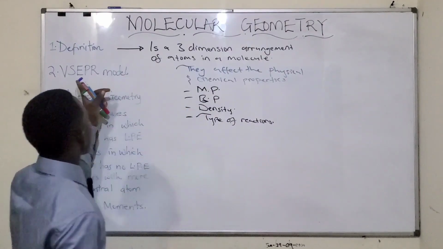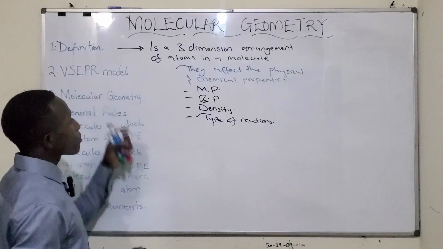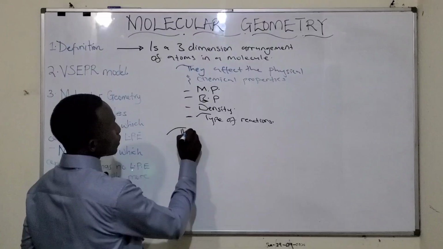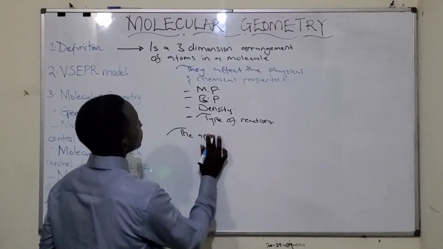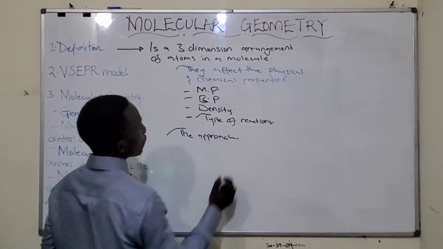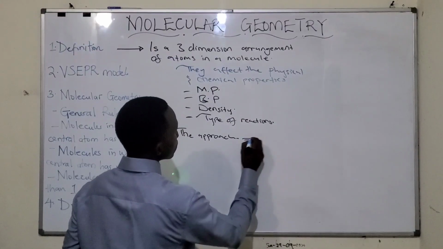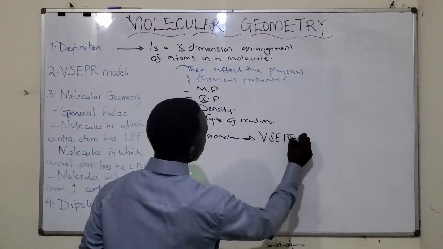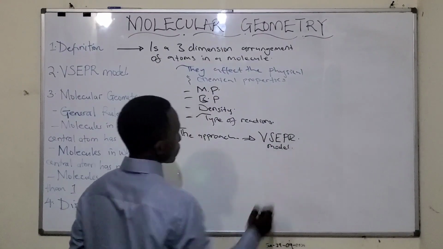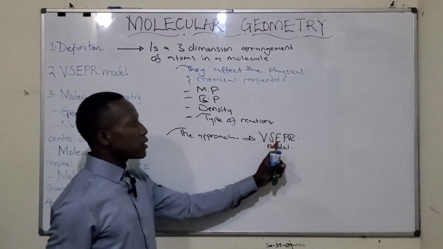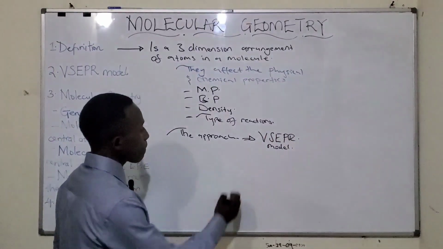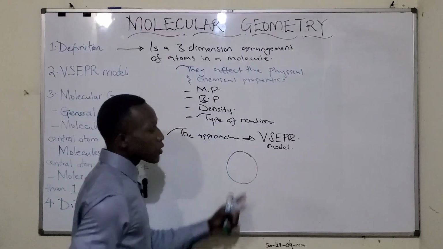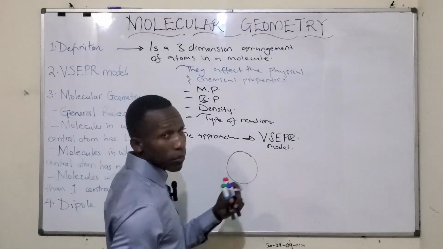Now, let's talk about the valence shell electron pair repulsion. The approach of studying molecular geometry is known as the valence shell electron pair repulsion model. Why is it called that? Remember, in the outermost shell, we have the valence electrons, and those electrons are the ones which participate in bonding.